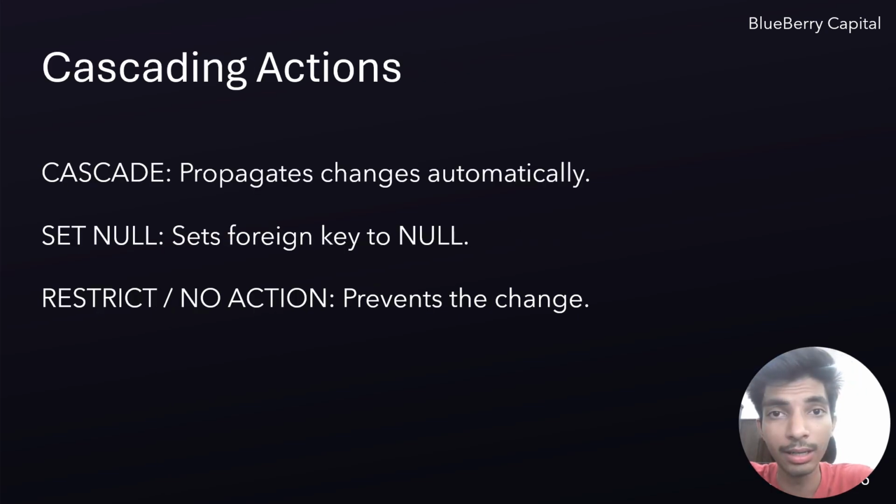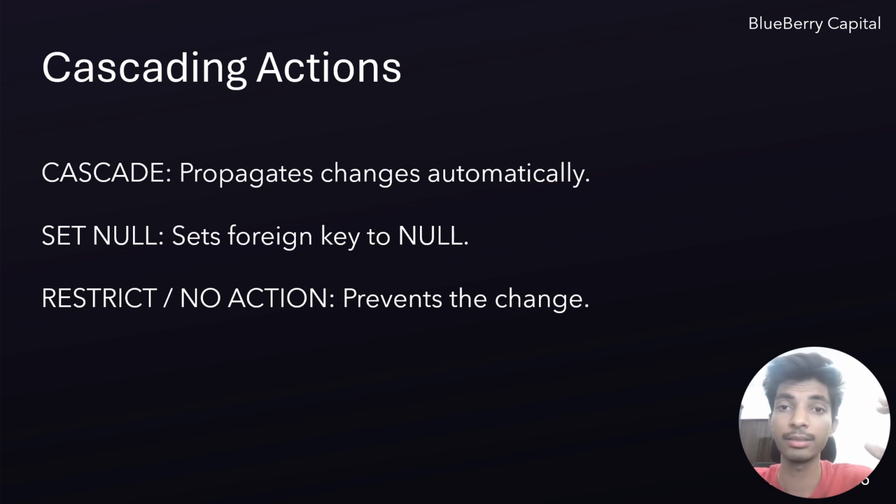With foreign keys come cascading actions, because if you think about it, if I am deleting a record and it contains the primary key, and in some other table a foreign key references this primary key, then when I delete the record which contains the primary key, the data of the foreign key should also be deleted, correct?